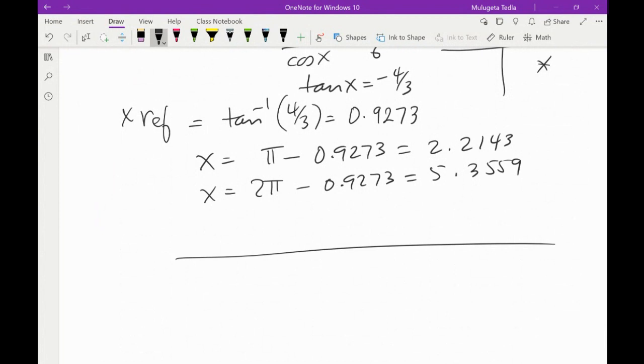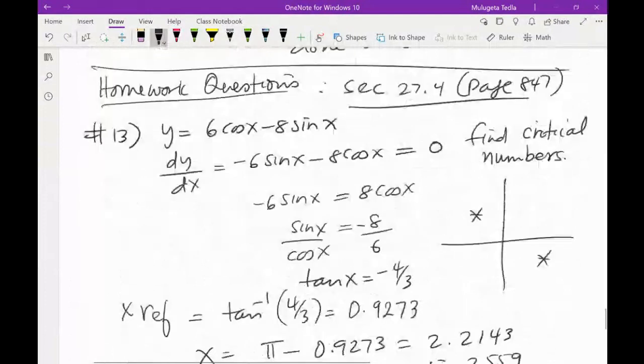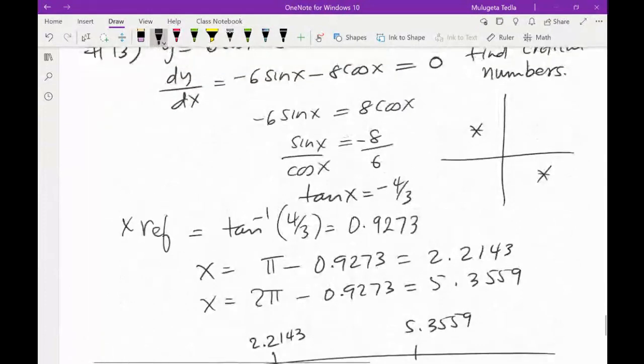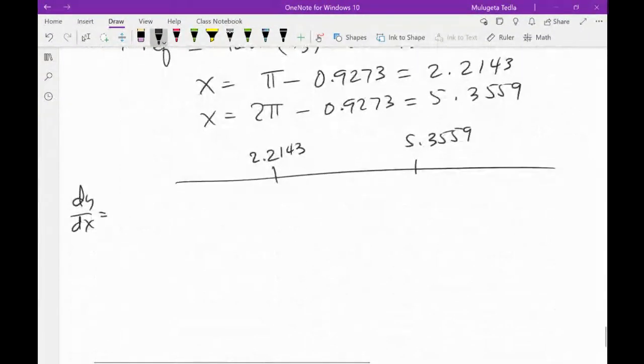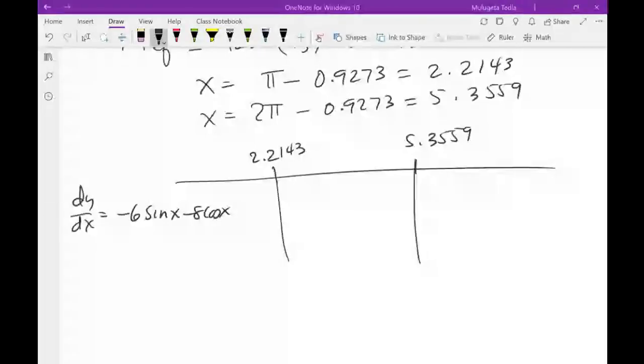So for the first derivative, you have 2.2143 and 5.3559, and then the derivative dy by dx is minus 6 sine x minus 8 cos x. Then, is it minus, plus, or minus? You did it? Yes, very good. Go ahead, Wissam.